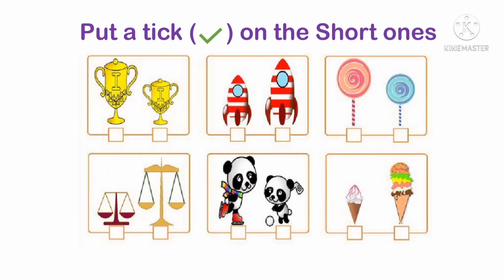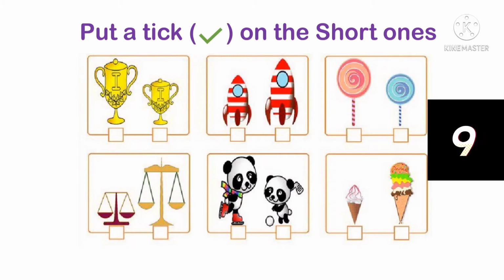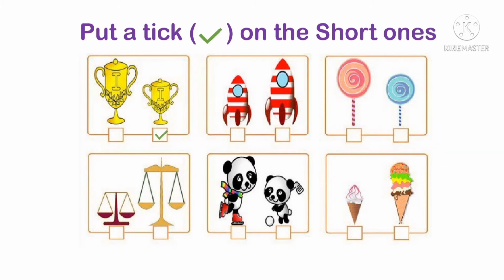Tick the short ones. Second trophy, first rocket, blue lollipop, first balance, second panda, first ice cream.